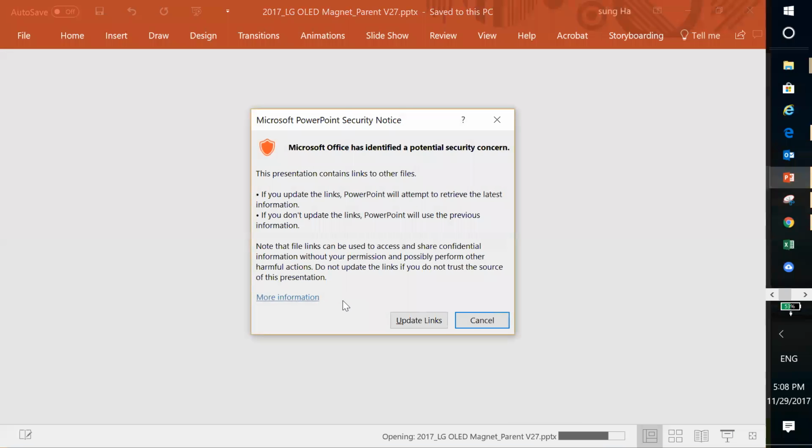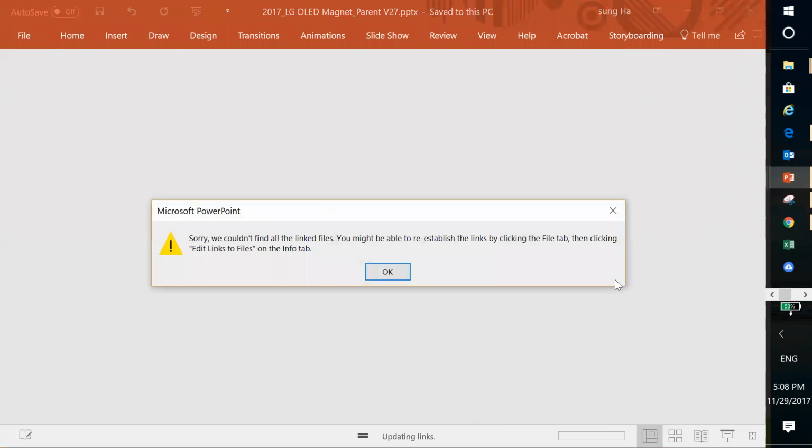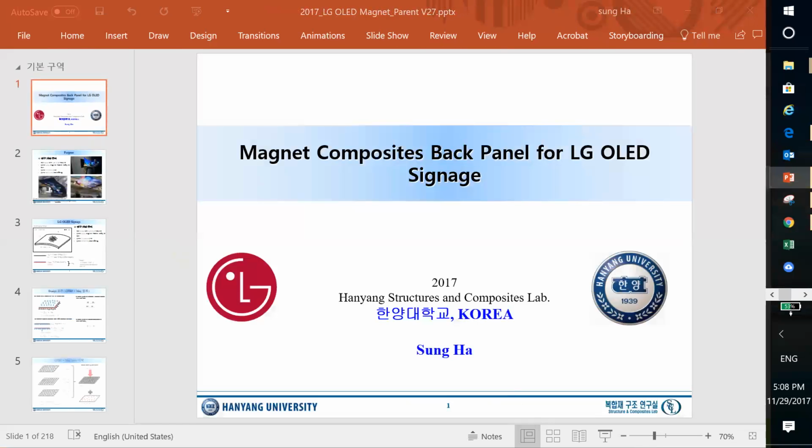Well, when we design the structures, not just airplane or transportation or sports goods, there are another structure which supports heavy OLED. You know the OLED screen. Monitor OLED 알죠?